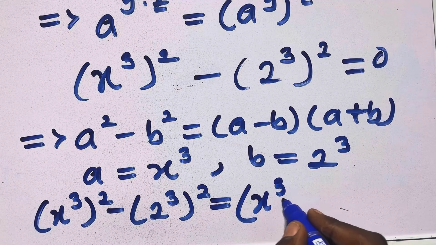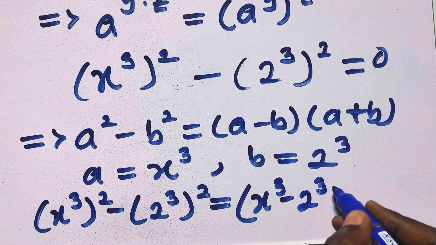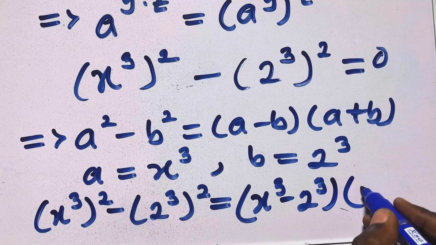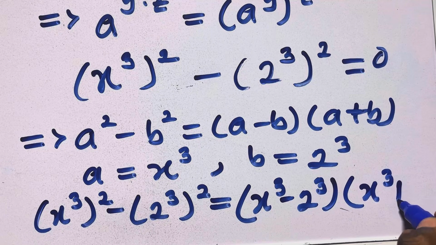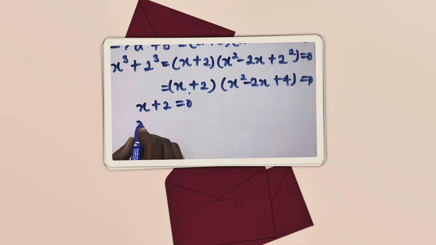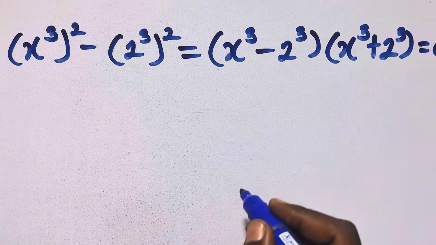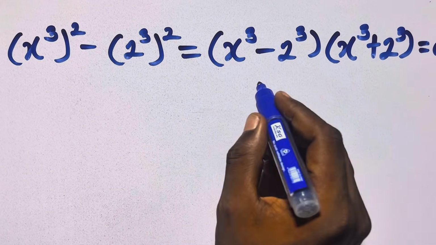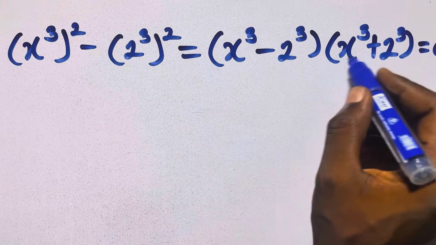minus 2 raised to the power 3, then x raised to the power 3 plus 2 raised to the power 3, and we equate everything to be 0. After that, we equate each of these factors to 0.